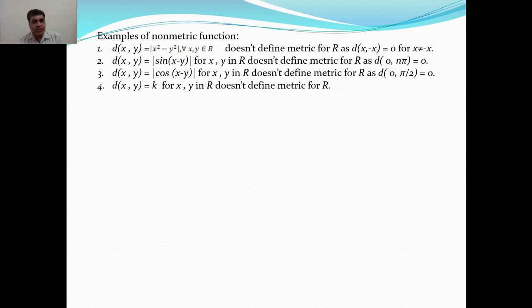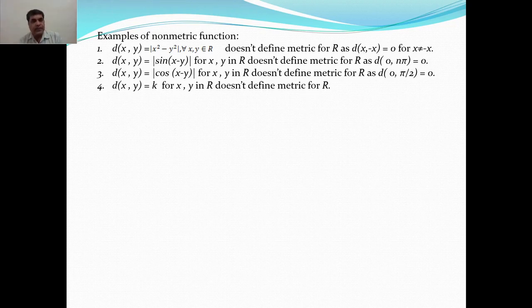Therefore, if I consider the function d of xy equal to mod of cos x minus cos y for any x and y in R, then I can find pairs x and y such that their difference is an odd multiple of pi by 2, and for those pairs mod of cos x minus cos y becomes 0, and therefore it is not a metric, because the positivity axiom fails.